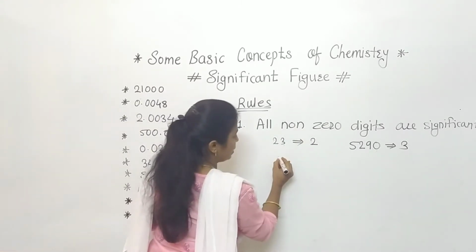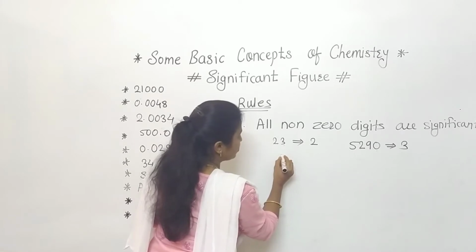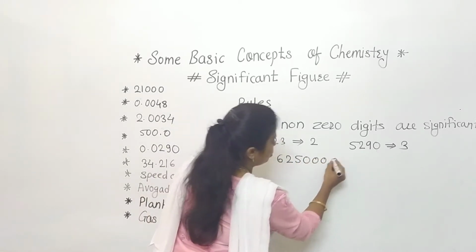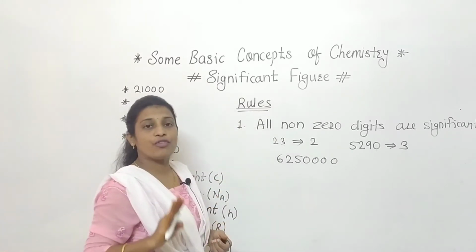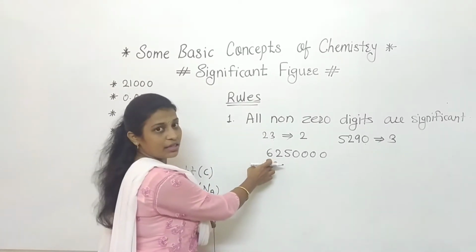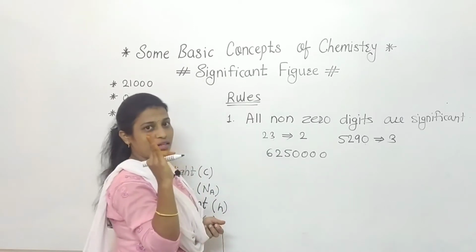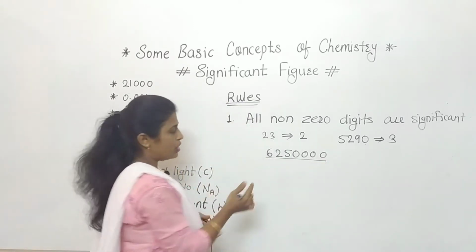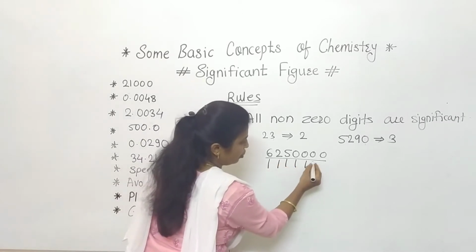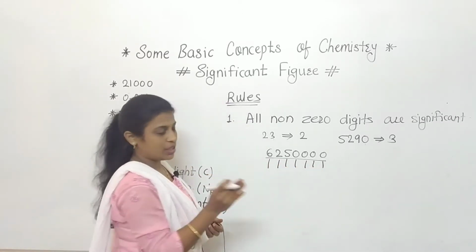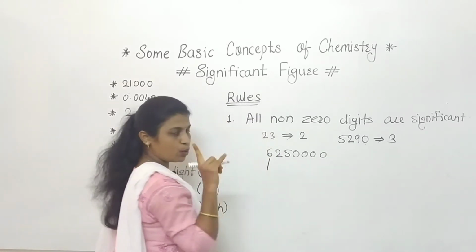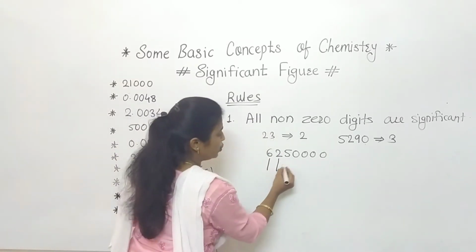Now see another example. If we consider the next example, 625000. How many zeros are there? 4 are there. But non-zero are only 3. See, once again I am telling you, each and everything we are saying from this value, it is the digit. Other than 0, how many digits are there? 6 is the one digit which is non-zero, 2 and 5.